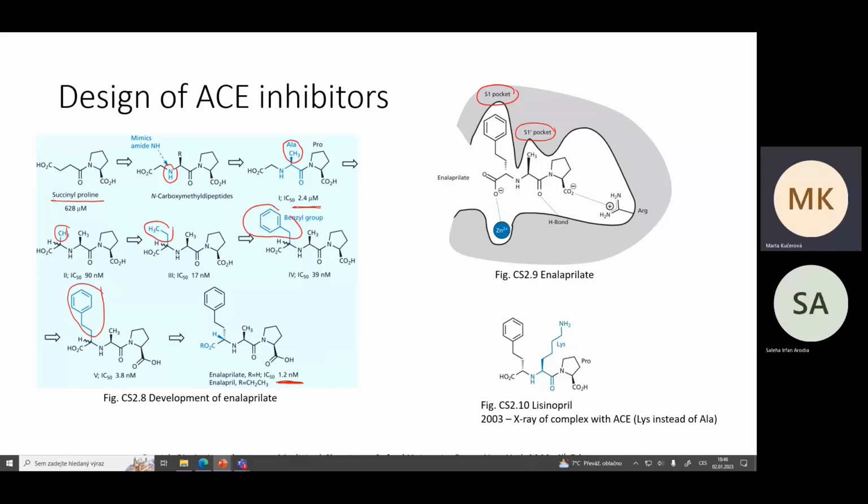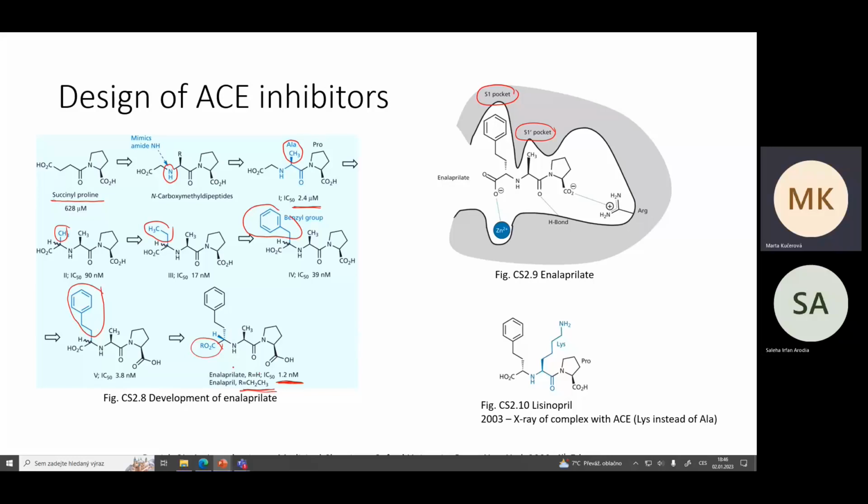However, the inhibitors of angiotensin converting enzymes are very poorly bioavailable after oral administration. So they are all administered in the form of ethyl esters, that usually have excellent oral bioavailability.